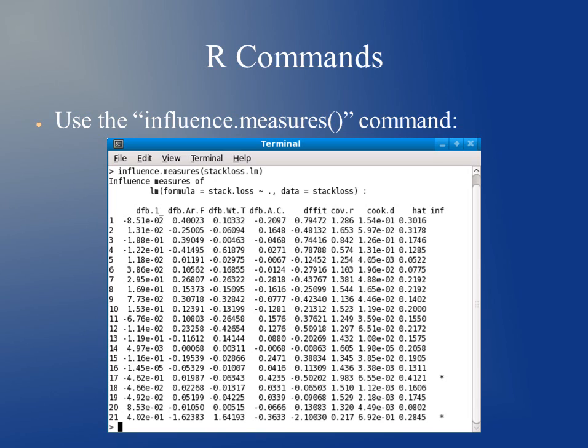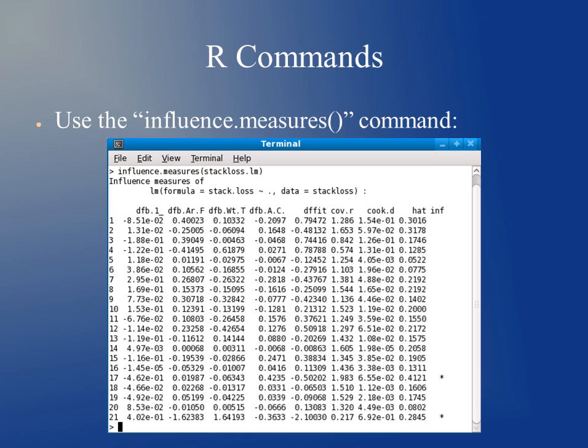The DFB.1 is the impact of removing each of these observations on the intercept. So if we were to remove observation 1, it would cause the intercept to decrease a little bit. DFB.AR.F is how much the coefficient on airflow would change if we were to remove the specific observation.